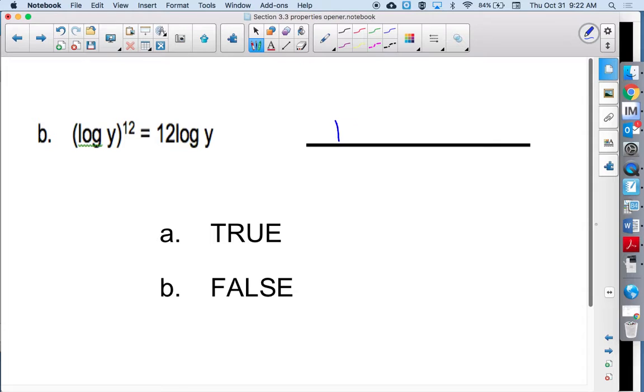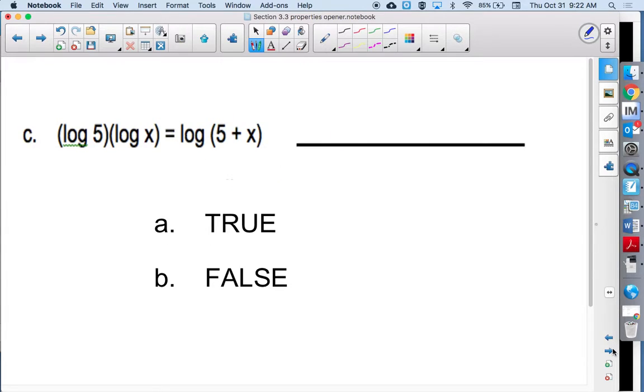So Carrie, this really should look like what? You're asked to correct the statement. Log of y to the 12. Right. This should really be log y to the 12th. It just goes to the term after it, not the actual function log, just the variables after it. So I'm not taking the whole thing to the 12th power, we're just taking the variable y to the 12th power. So that one is false.